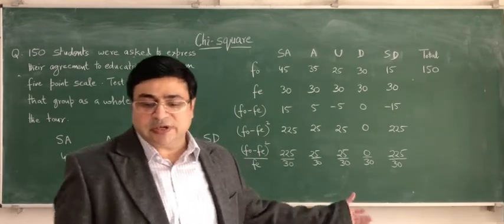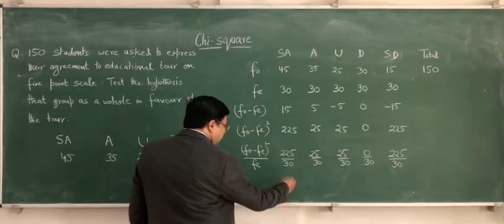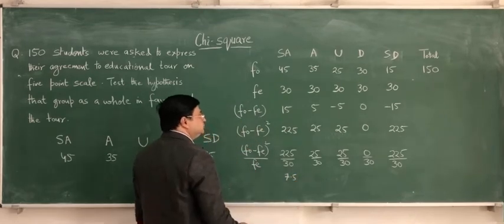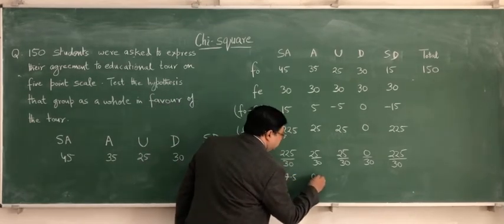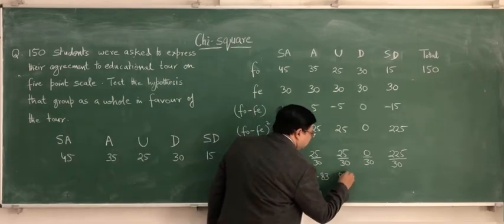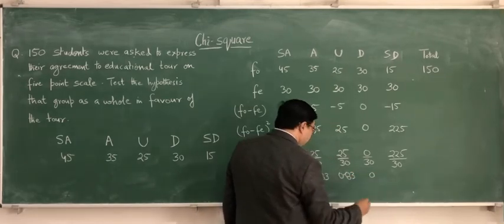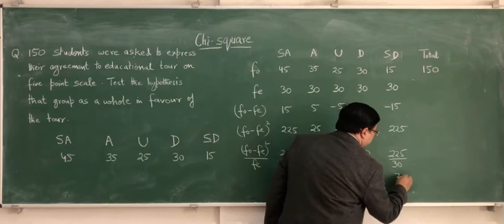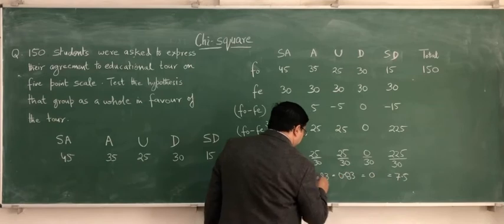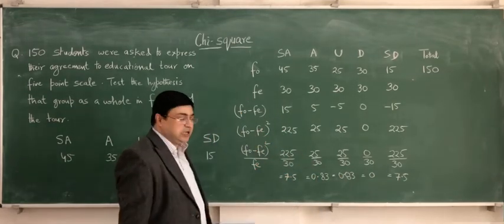So if you calculate, you will get 7.5, 0.83, 0.83, 0, and 7.5. These are the values that we get after calculating.